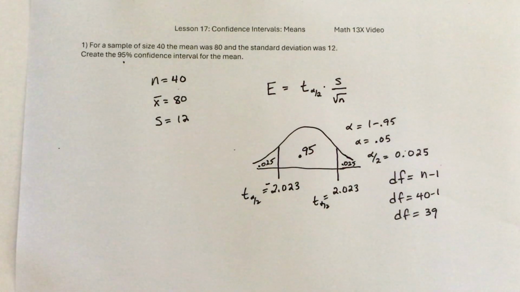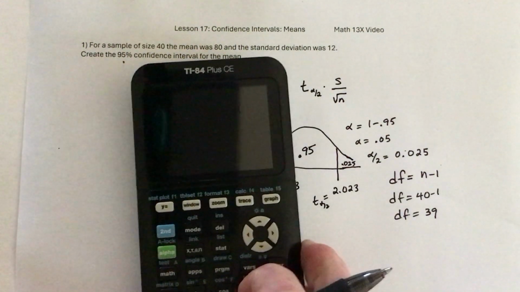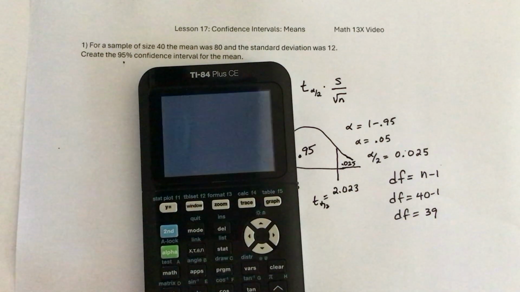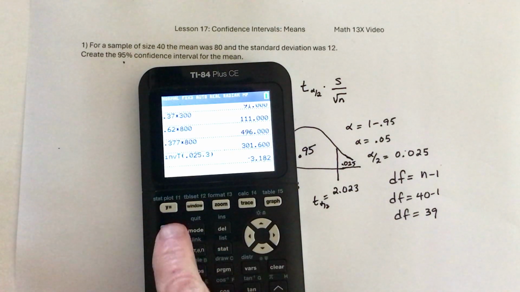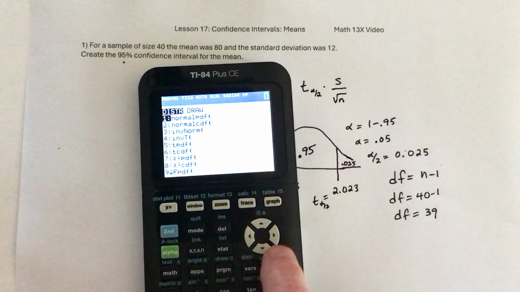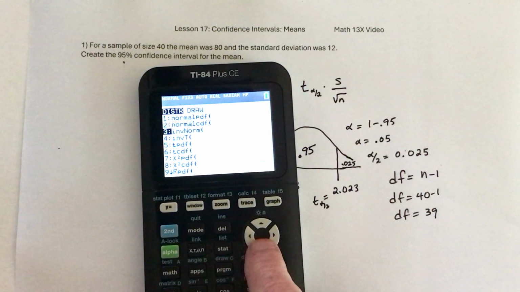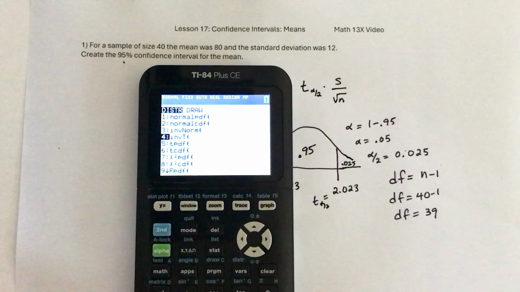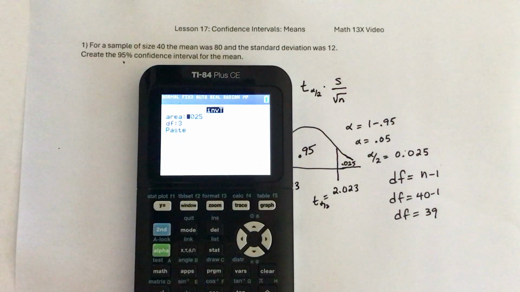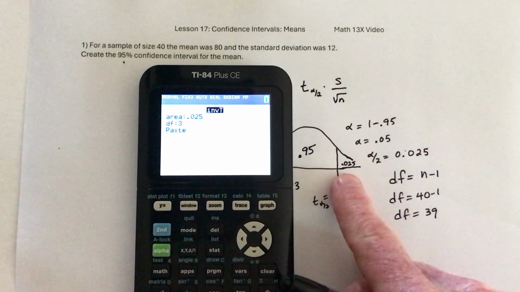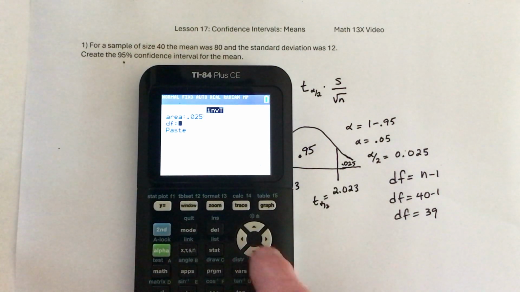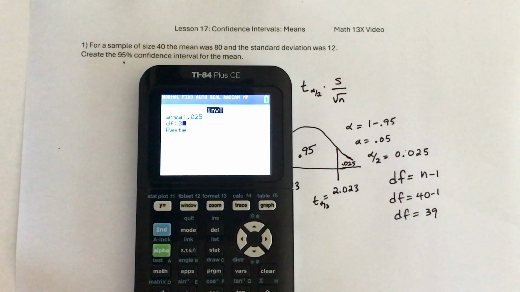All right, if you're not using that table, then use the calculator and you go to second distribution, and then it's the number 4, the inverse t. And the area would be 0.025, so we're talking about one tail, and degrees of freedom was 39.